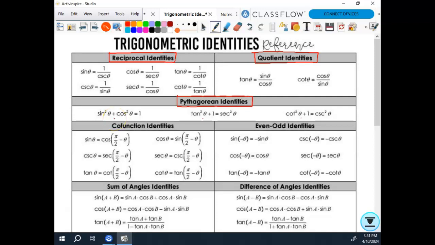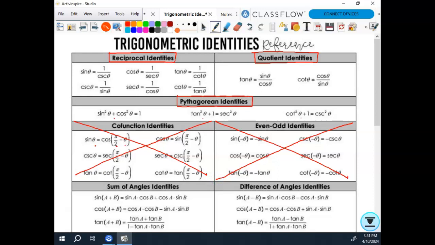They can be written different ways on different formula charts. Now, the cofunction identities and the even odd identities, we can actually come up with these by using the difference identities that we know, but we're not using cofunctions, so I'm going to mark those out. That's something we don't have to know. Even odd identities, also not part of AP.